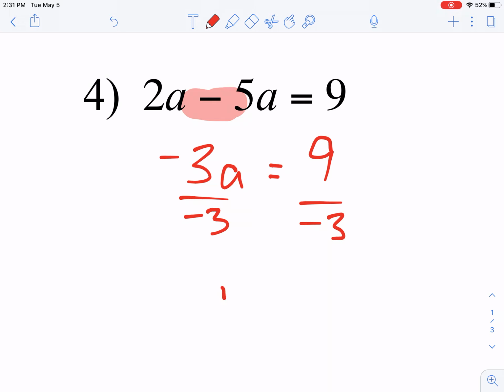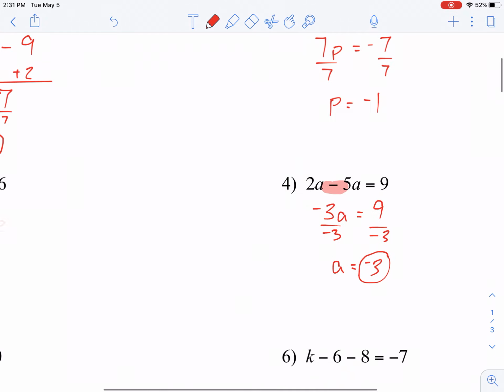And we get a is equal to, a positive divided by a negative is negative. 9 divided by 3 is 3. So our answer is negative 3. You again would just enter in negative 3 into Canvas.